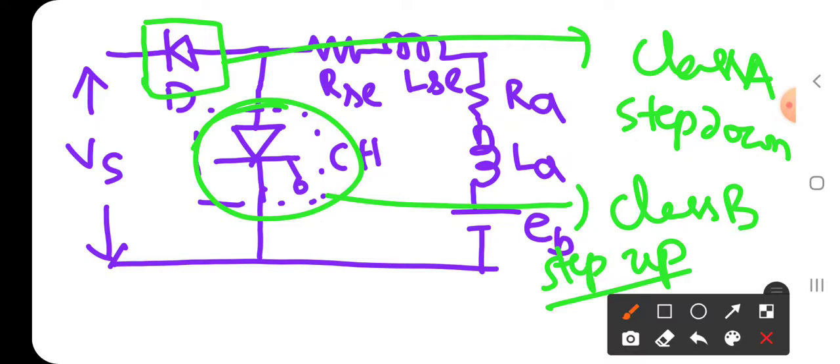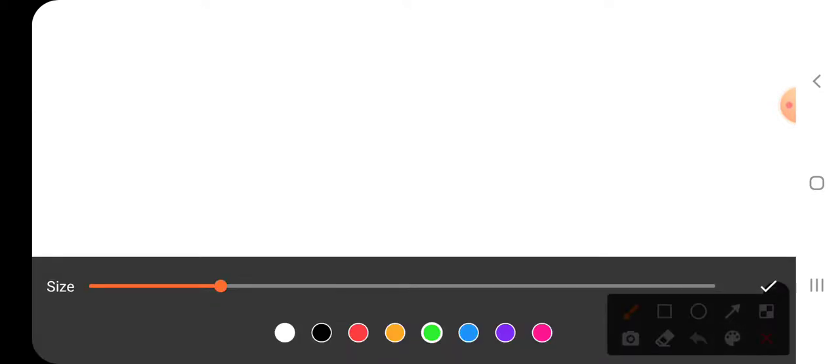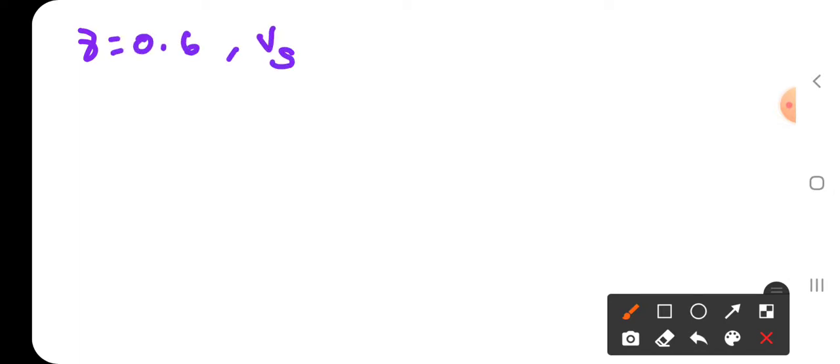Whatever it is, as we are applying the braking here, that is regenerative braking. So first let us write the given data. He has given that gamma is equal to 0.6 and source voltage Vs is equal to 600 volts. Then what is the average voltage across chopper?